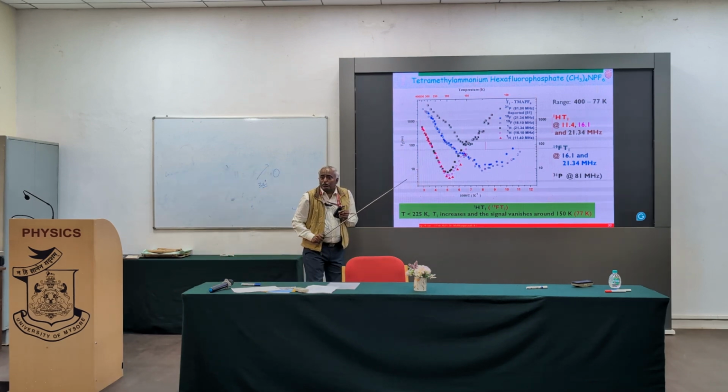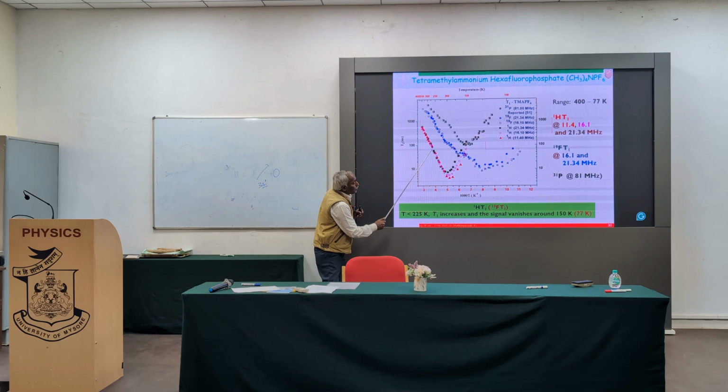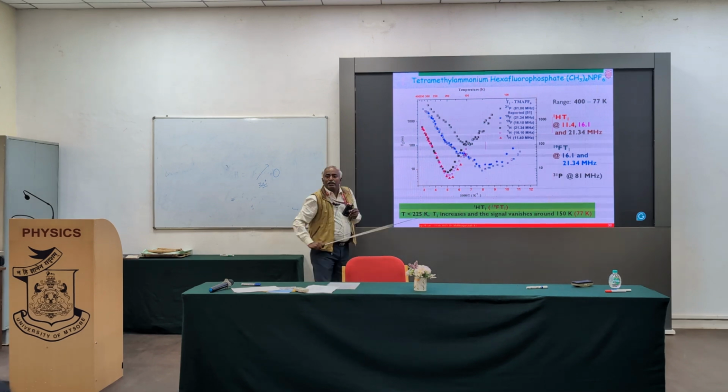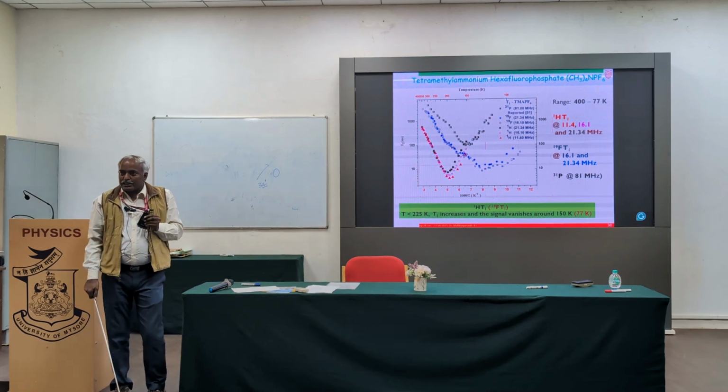I think one of the questions in the morning somebody was asking how temperature affects this. At high temperature all of them overlap with each other, but at lower temperature the 21 MHz data behaves differently, 16 MHz has a different relaxation time, and 11.4 MHz has a different relaxation time. They are different in different temperature ranges.